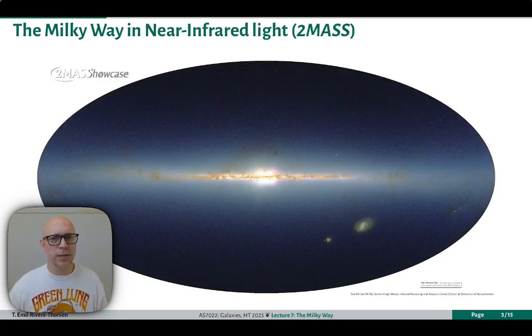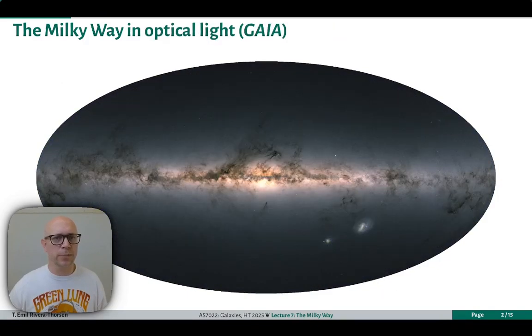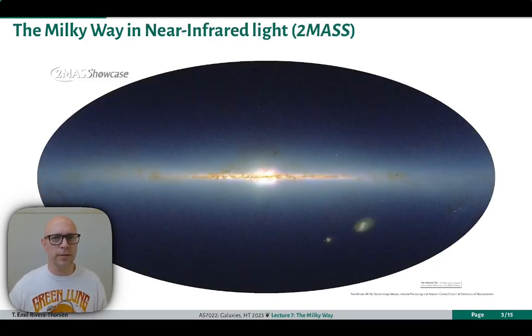We can also see that there is much less visible dust in the near infrared, as we would expect, given that we have now learned that infrared light is much less affected by dust than optical light is.